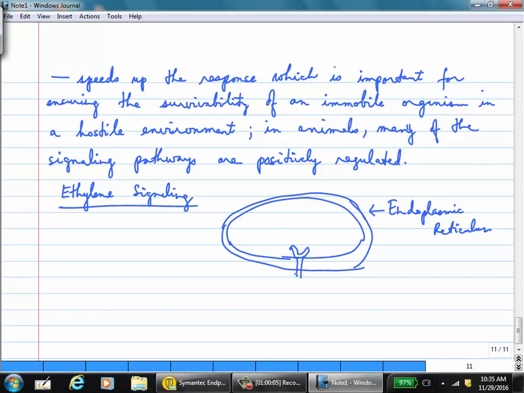So these are ethylene receptors. And so you have ethylene gas that is produced and it comes and binds that receptor.